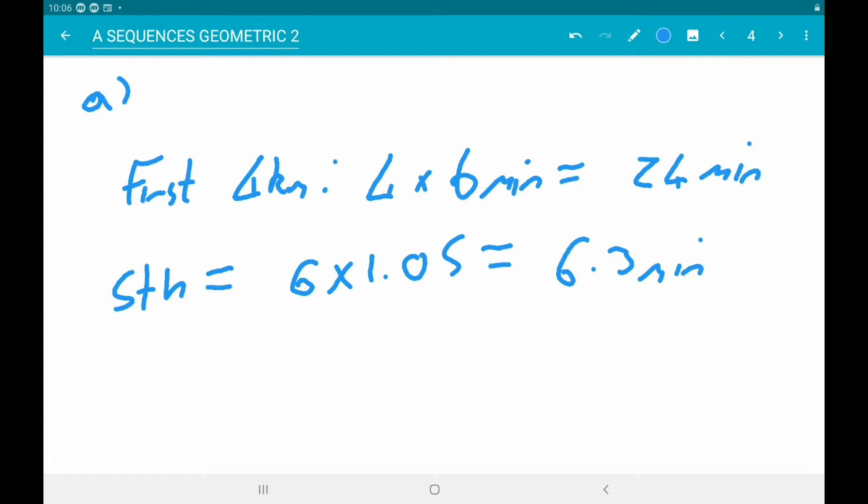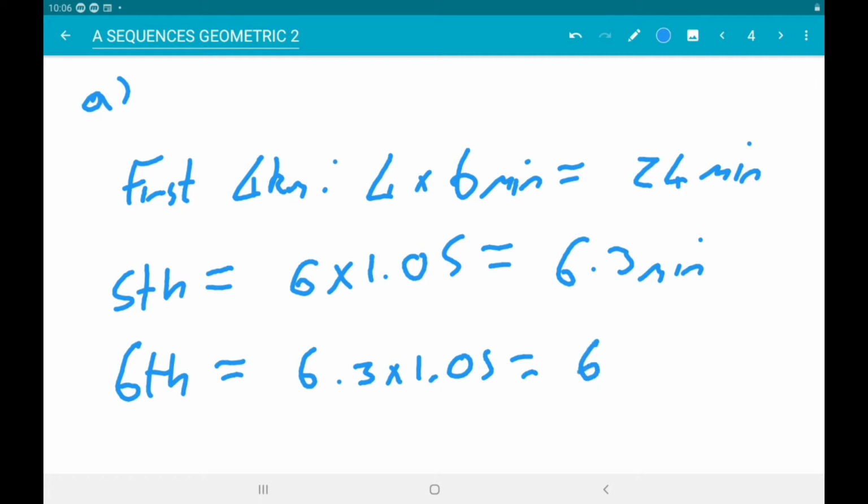And then the 6th kilometre, that's 5% greater than 6.3 minutes, so 6.3 times 1.05. Now that gives us 6.62 minutes. Alright, so let's now turn the decimals into seconds.